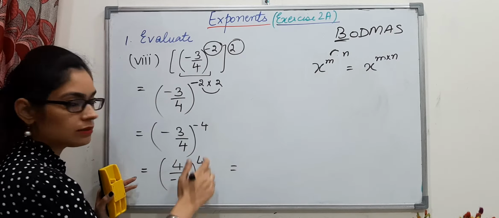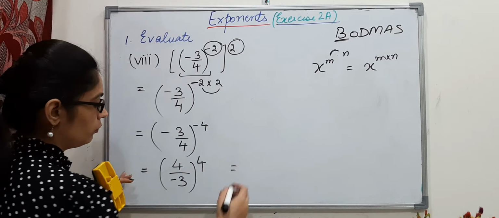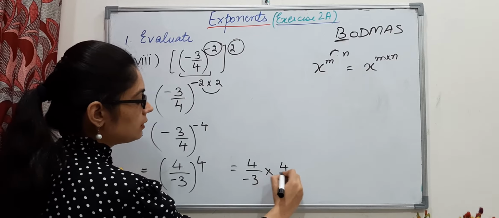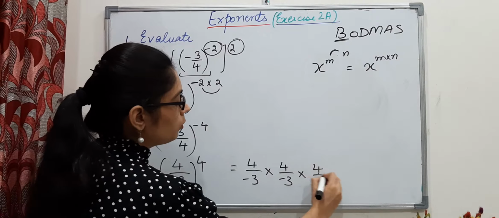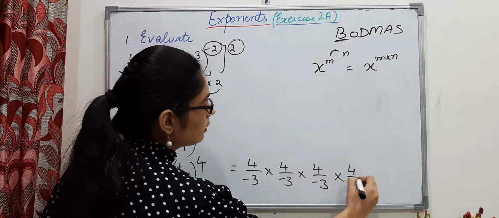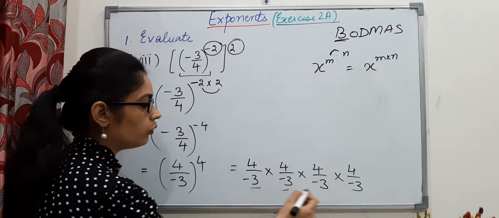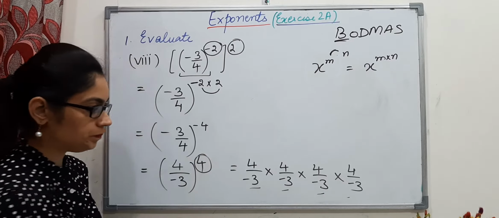So 4 by minus 3 raised to power 4 will be changed to 4 by minus 3, 4 by minus 3, 4 by minus 3, 4 by minus 3. The number will get multiplied by itself 4 times, as 4 is the power.